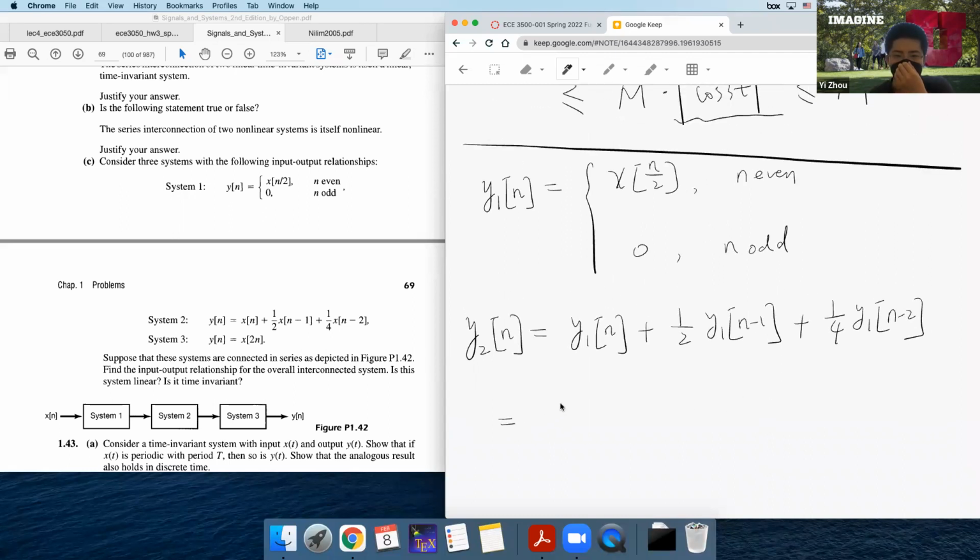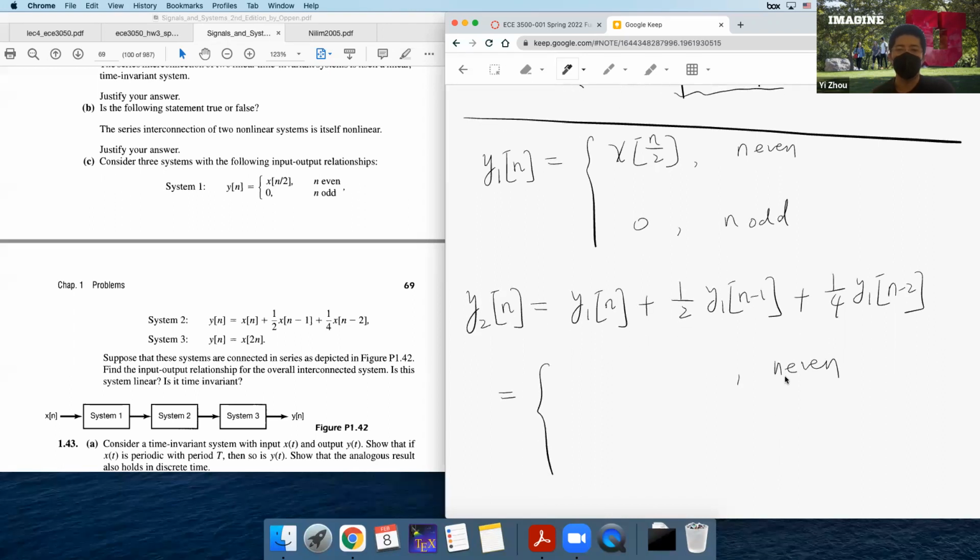Because y1[n] has 2 cases depending on the evenness or oddness of the index n, we also need to discuss even and odd here. If n is even, then y1[n] uses the first formula, x[n/2].